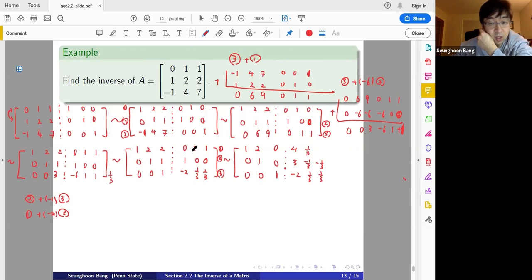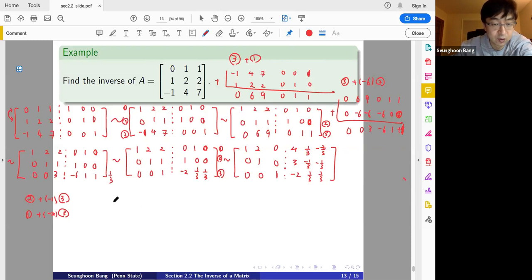The next one is the same. Oh my, this is the same mistake. I had a lot of mistakes. Sorry about that. But don't change it, it's 0 here. This is 0 minus 2 times 1/3, which is negative 2/3. So we have this kind of thing.